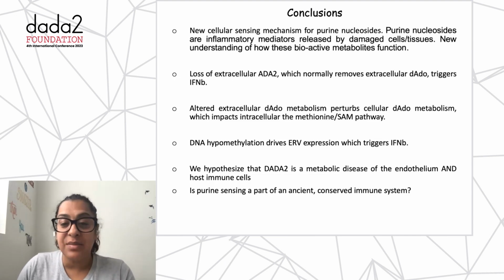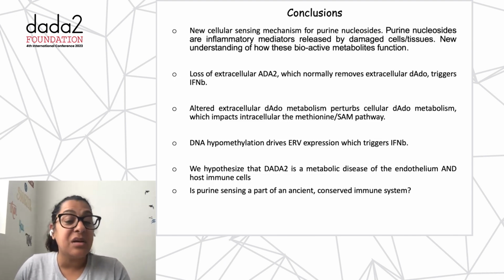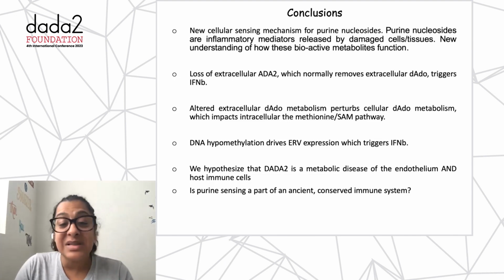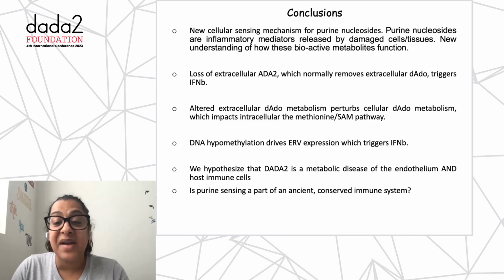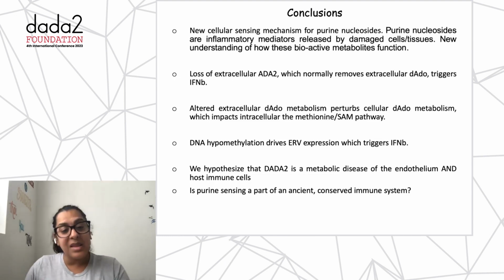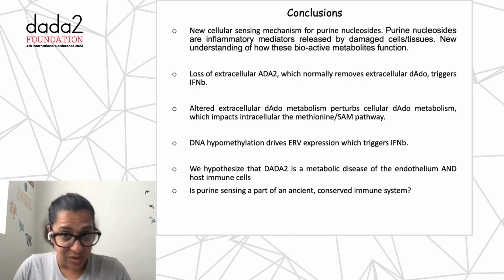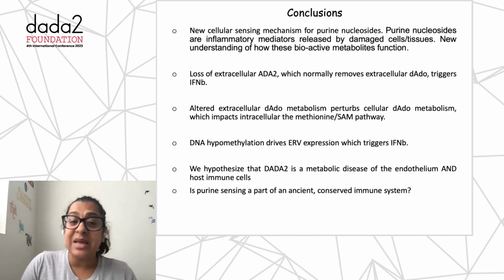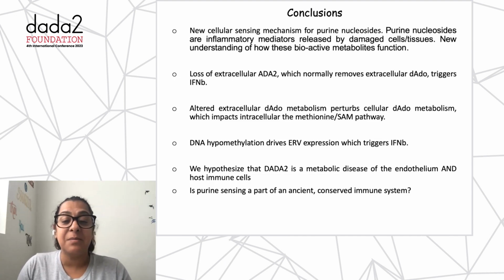And it's these elements that trigger IFN-β. We hypothesize, or rather we conclude from this, that DADA2 is likely a metabolic disease that affects the endothelium as well as the host immune cells, which are impacted by dysregulated purine metabolism and dysregulated SAM methionine metabolism.